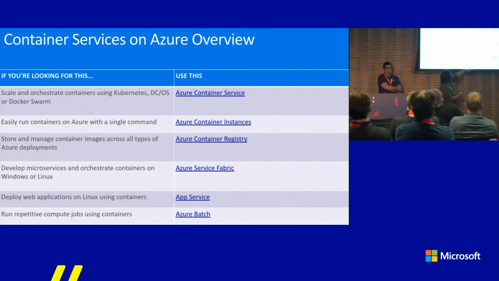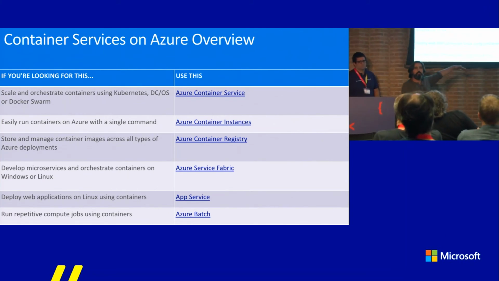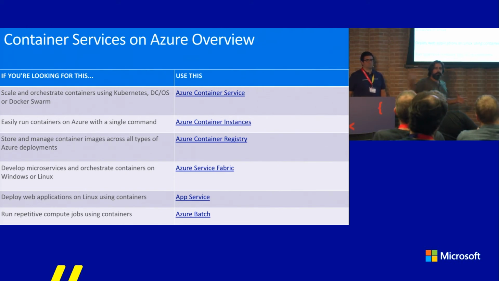We have something now called Web App for Containers, which used to be called Web App for Linux. It's our web app, with all the things that come with a web app, all the tooling, the logging, everything. And nowadays it also supports running containers straight from Docker Hub or another registry.